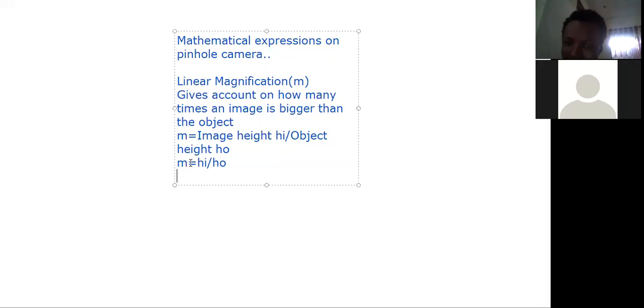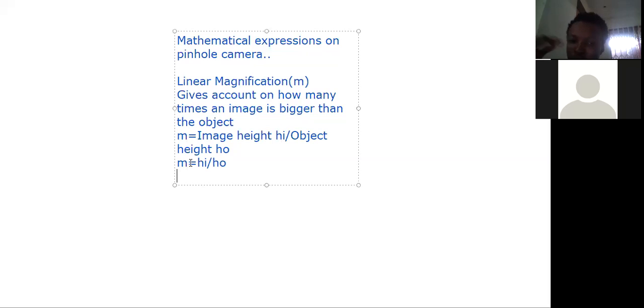So the magnification of a picture, or magnification in terms of the pinhole camera, is dependent on the height of the object, and that also affects the height of the image you are going to get. Now it is also affected by the distance. If you are snapping a picture and the person is closer to you, the sharper and more correct the image you get. When a person is further away from you, the quality of the picture gets diminished.